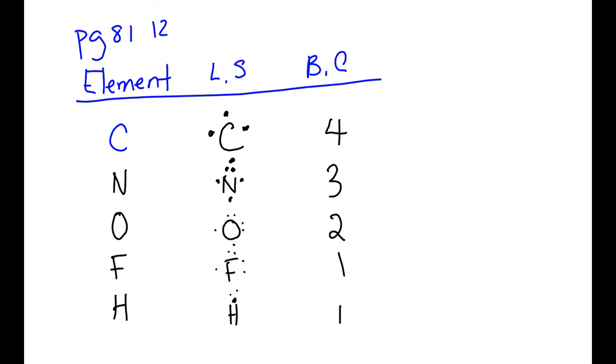It will always be a terminal atom, right? Always on the outside, never on the inside. Because it has 1, you can't connect it with more than 1 place. Exactly. I can't tell you how many times I see somebody write water like that.